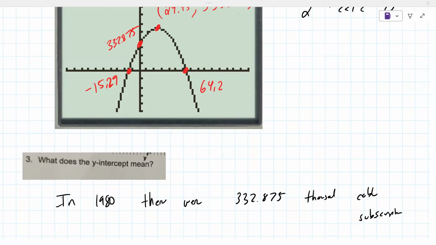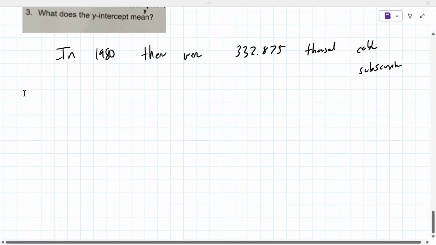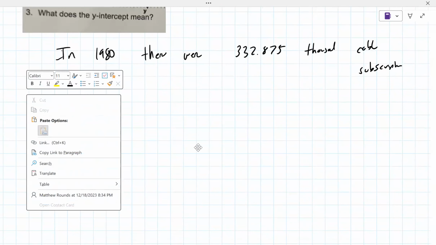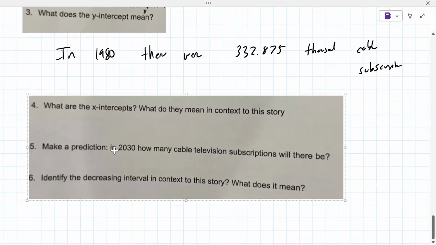I might need to step away for 5 minutes or less, but let's talk about 4, 5, and 6. You have the x-intercepts. 2030 is the x value of 50. Why is that 50, do you think?